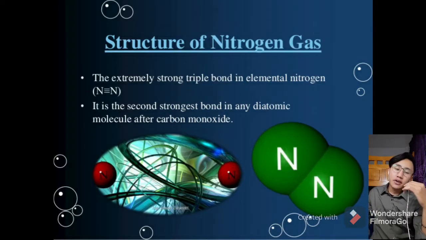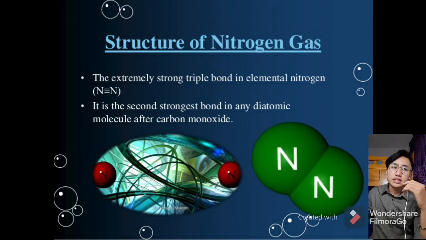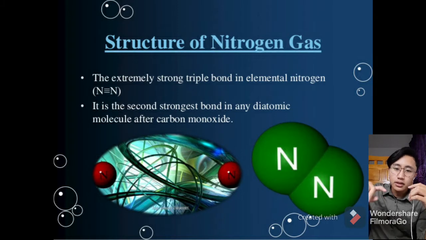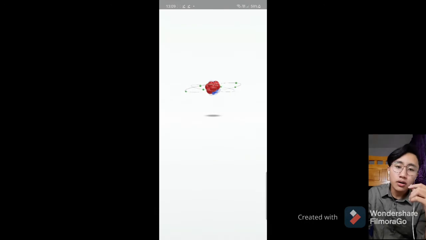So the structure of nitrogen gas. It has an extremely strong triple bond in elemental nitrogen, which is represented by N triple bond N. It is the second strongest bond in any diatomic molecule after carbon monoxide. So now we will see the Bohr model of nitrogen.